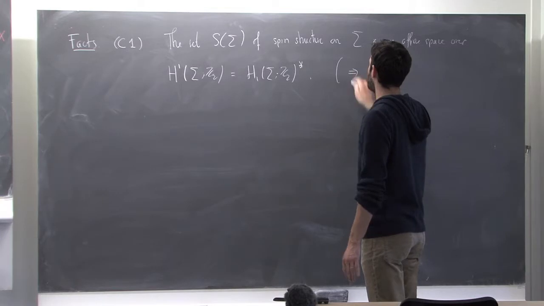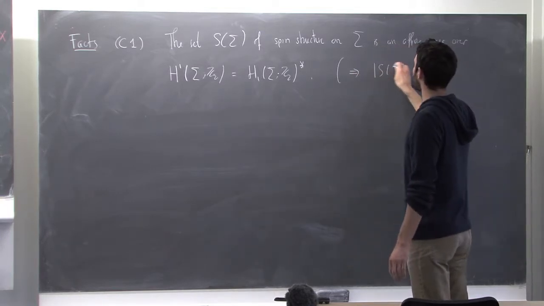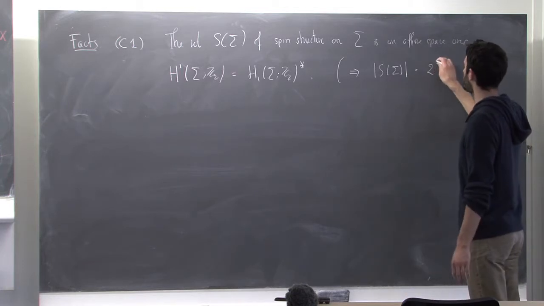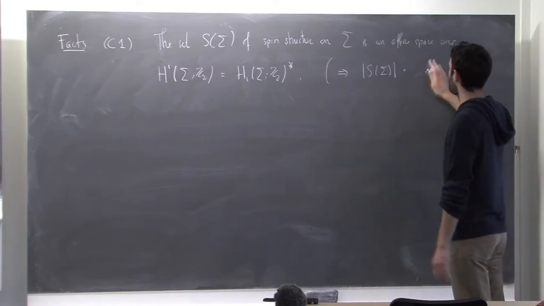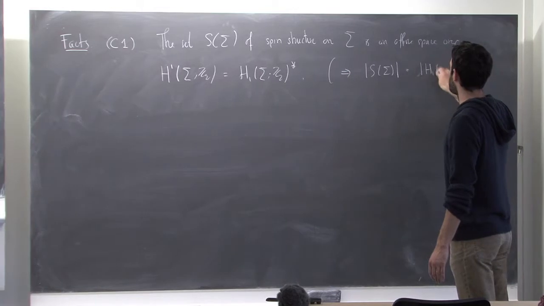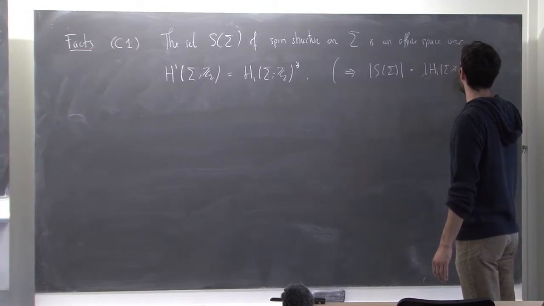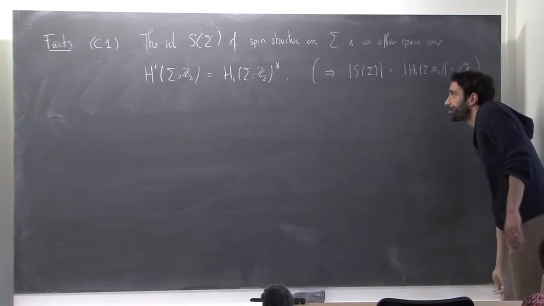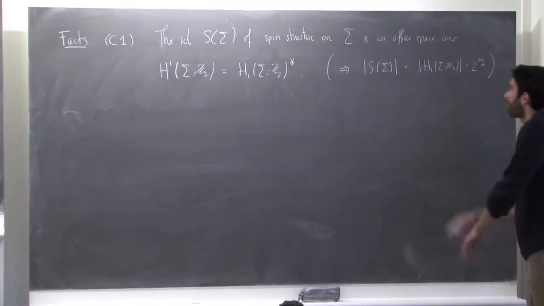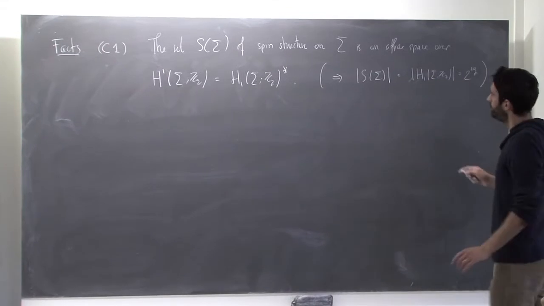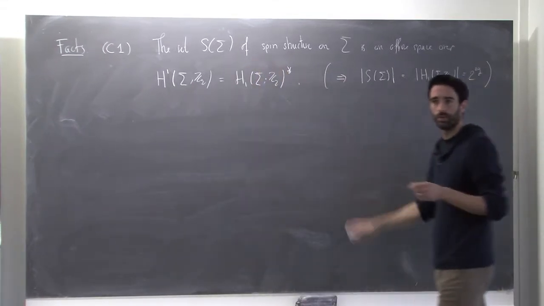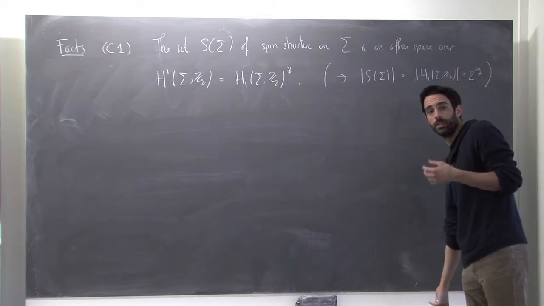So in particular, the number of spin structures on a given surface is given by the number of elements in H1, that is 2 to the power 2g. Since I did not define in a proper way what a spin structure is, there is no way you can prove this, but okay.